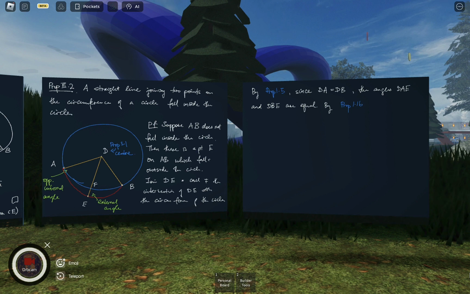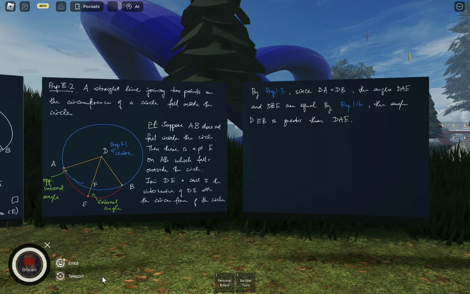So let's go back and write this down. So by Proposition 1.16, the angle, so this is the external angle, DEB, is greater than DAE, which is the opposite internal angle. Okay.